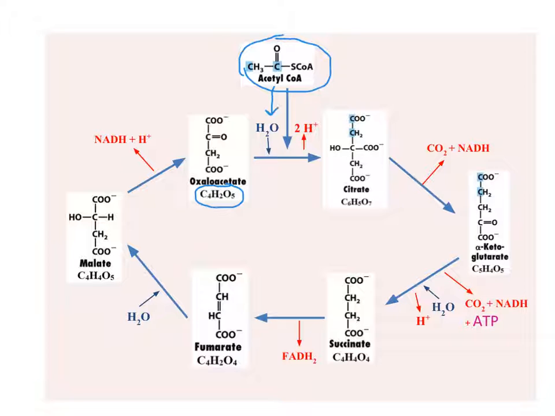You will not have to know that, so don't freak out. And it becomes a molecule called citrate or citric acid. That's why it's also called the citric acid cycle, C6H5O7. Now, when it goes between citrate and what's called alpha-ketoglutarate, this is where we start getting some energy. This is where the first carbon dioxide is released.